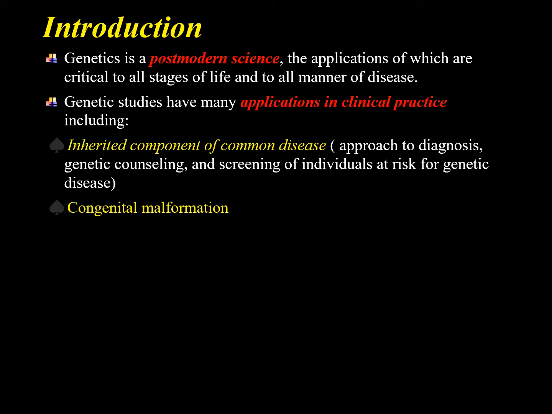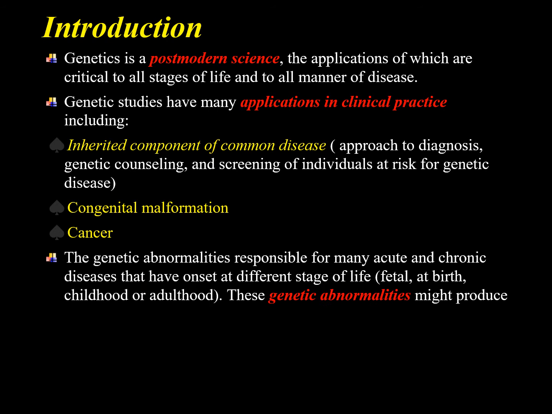Congenital malformation is also another application, and malignancies. The genetic abnormalities are responsible for many acute and chronic diseases that have onset at different stages of life: fetal, at birth, childhood, or even adulthood. Some genetic diseases might have an onset in adulthood.